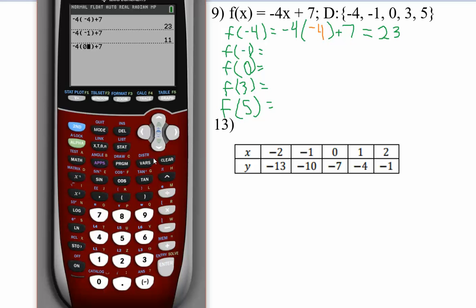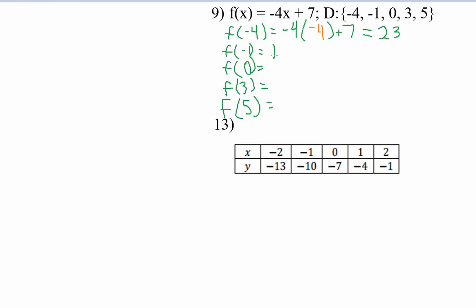Same thing for substituting 0, 7. Same thing for 3. And finally, same thing for 5. So going back over here, we know that it was 11, 7, -5, and -13.